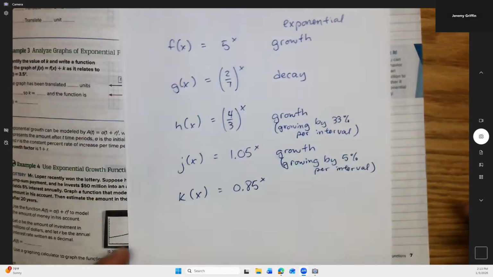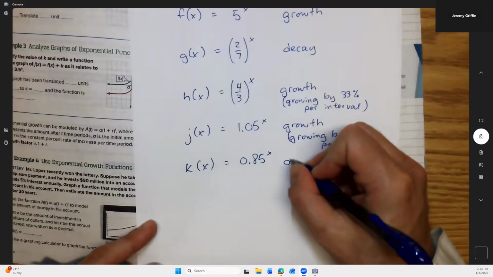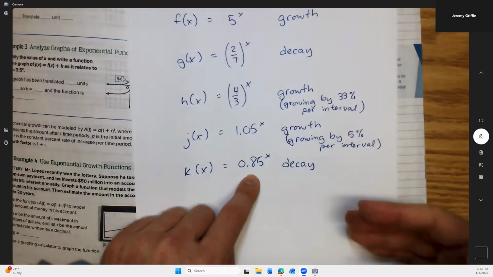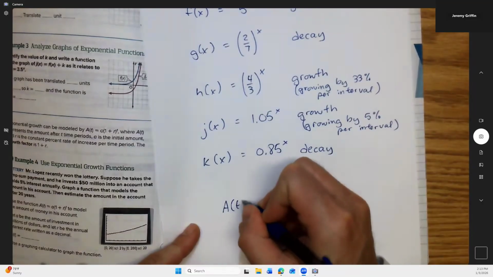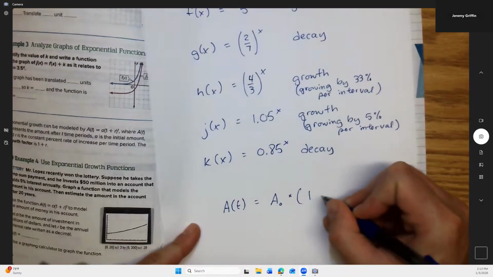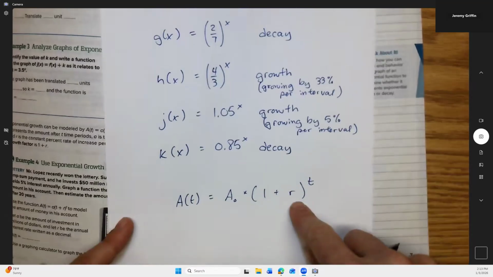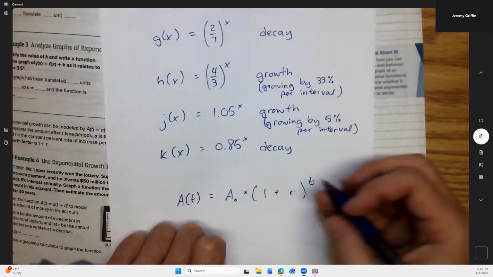0.85. Well, that's less than 1, so this would be decay. Actually, 0.85, isn't that like losing 15%? If you put it in the equation we were working with before, the amount you have after some time is equal to the initial amount times 1 plus r to something. It's a real basic curve here. Now, if this 1 plus r is less than 1, then there's going to be a decay.